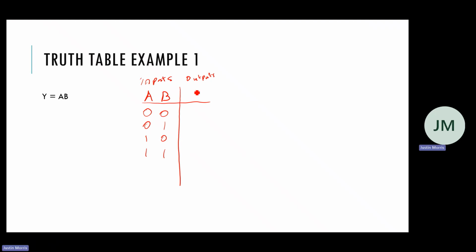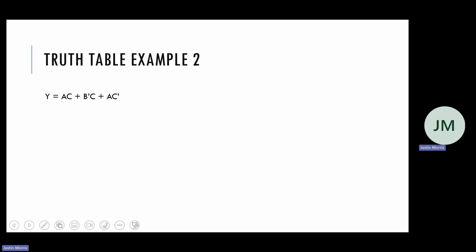Y. And it is an AND gate, so I can just go row by row of the truth table, right? And I know what an AND gate does. 0, 0, my result is 0; 0, 1, 0; 1, 0, 0; 1, 1, 1. Right? And this is my truth table. So we all remember this? All good? Okay.